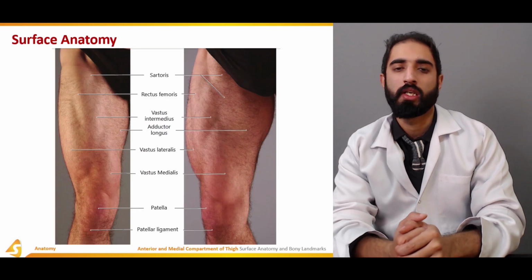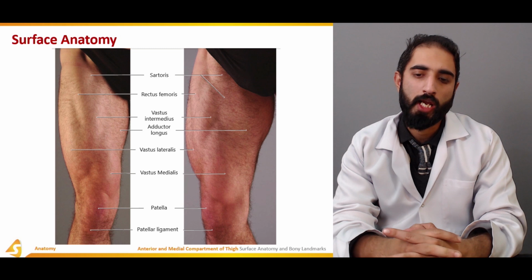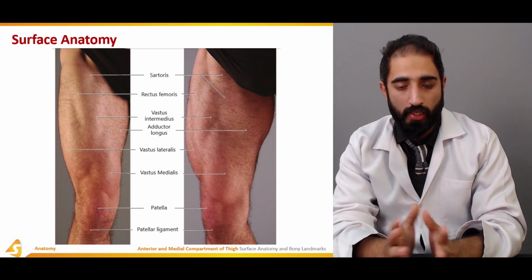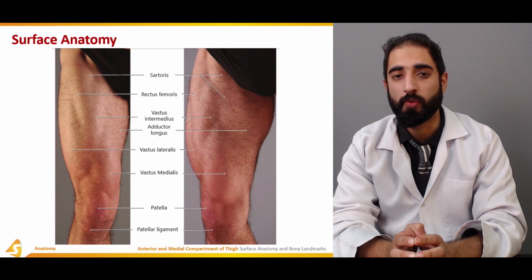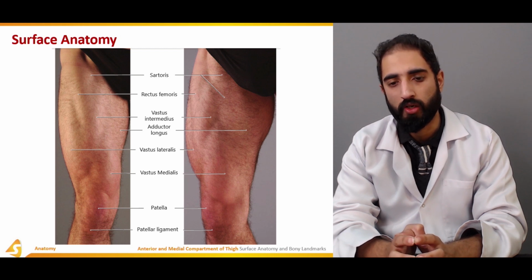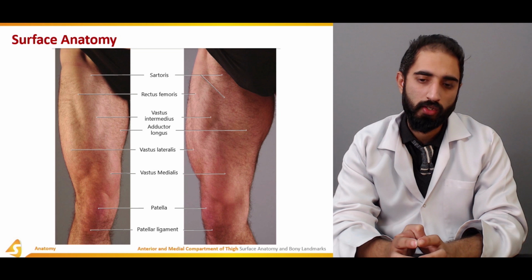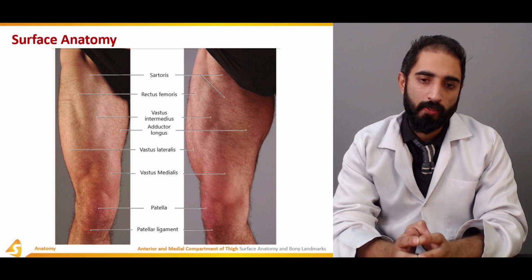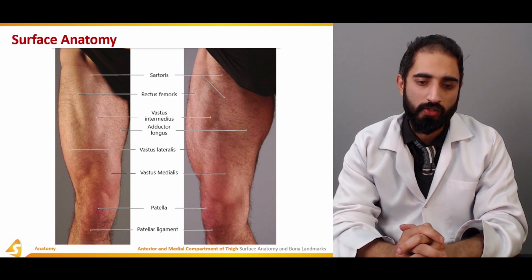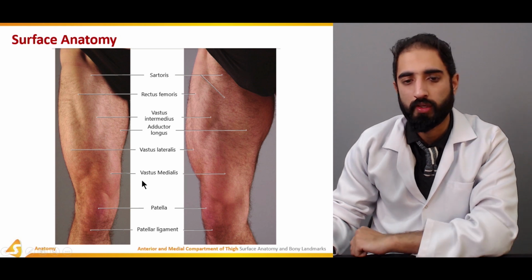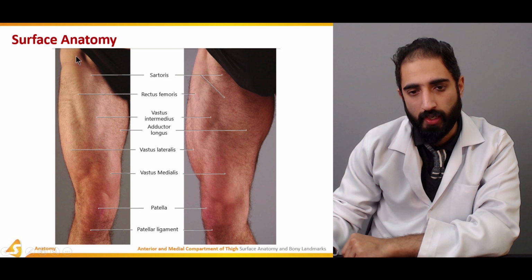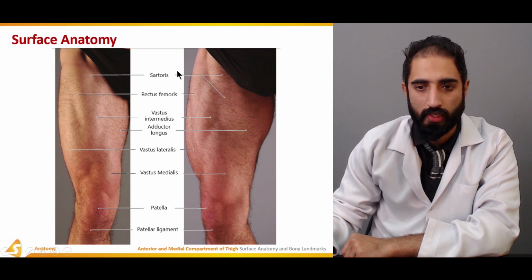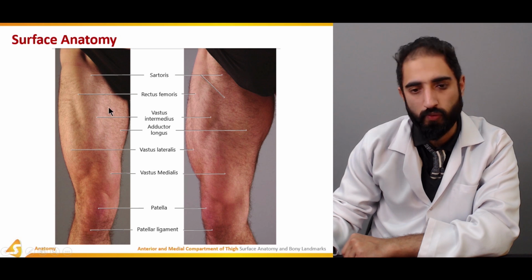Now, talking about the anatomy of the anterior-medial thigh, it is also very important to identify the structures that we can see superficially in our patients or individuals, and that is designated as the surface anatomy. Here we have the proximal aspect, and here we have the sartorius, which comes from the lateral aspect and moves towards the medial aspect.